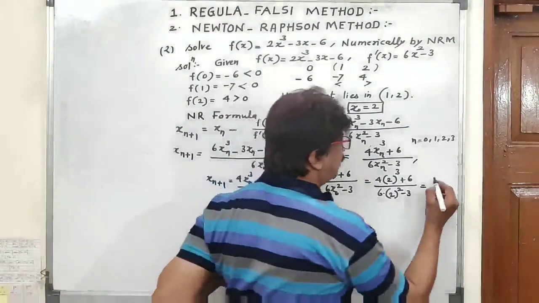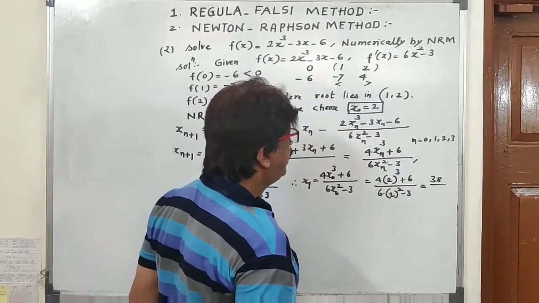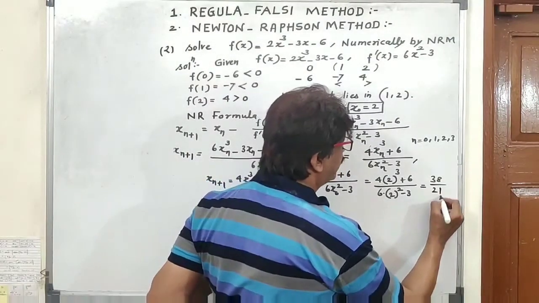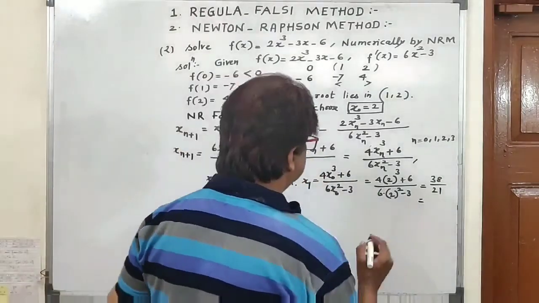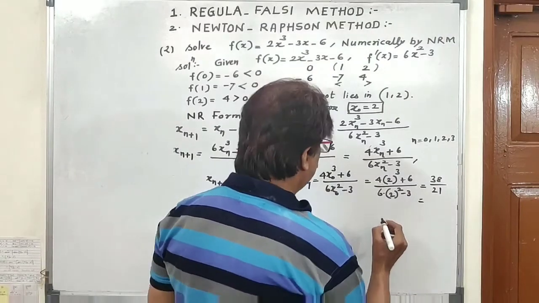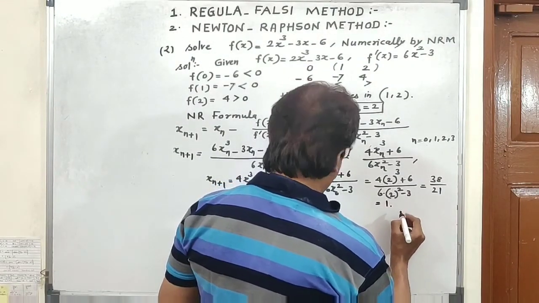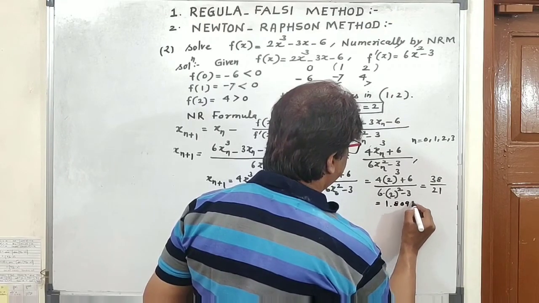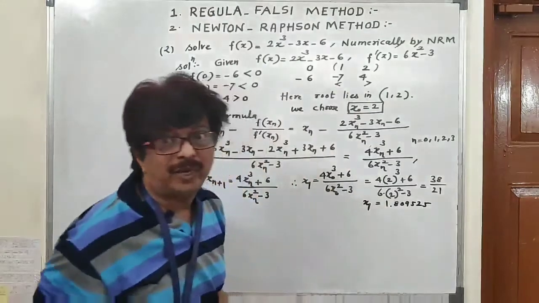So it is 38 upon 24 − 3, which is 21. So x₁ = 1.809525. This is the value of x₁.